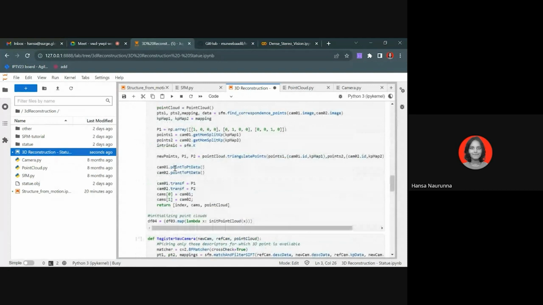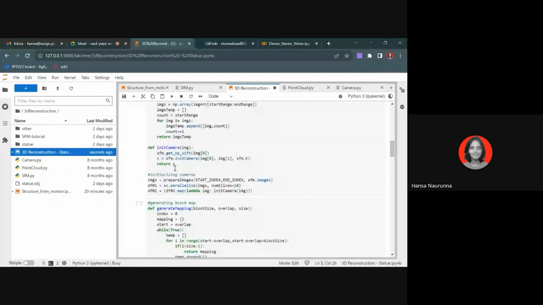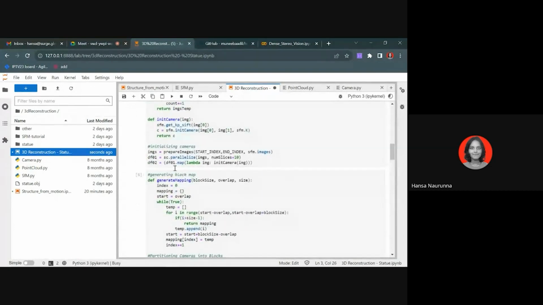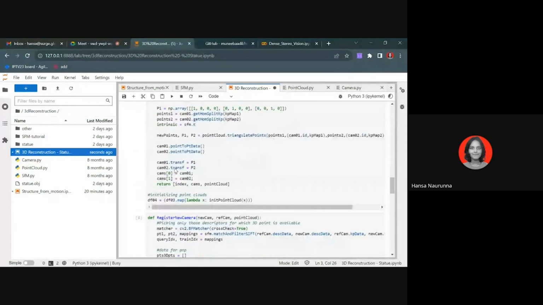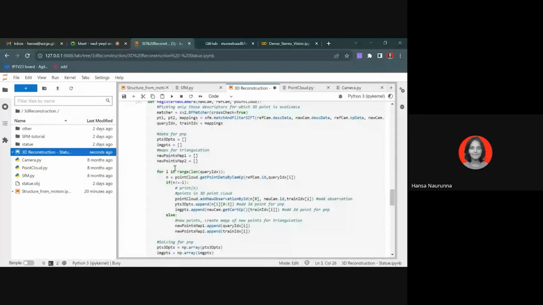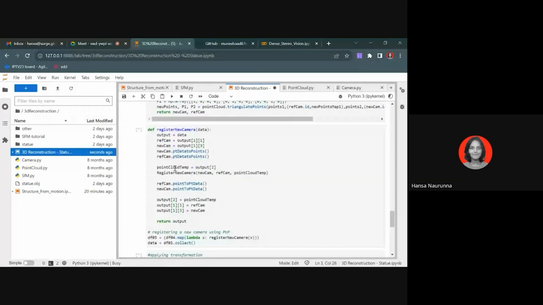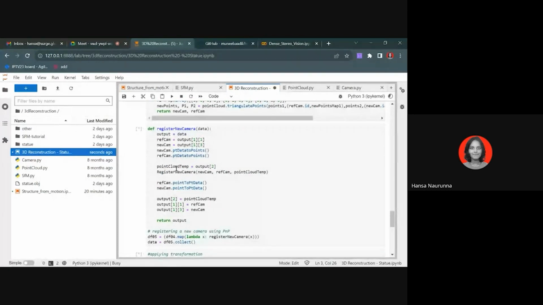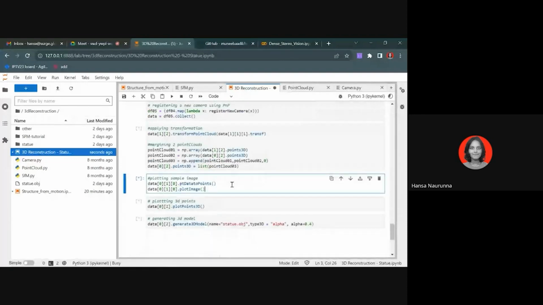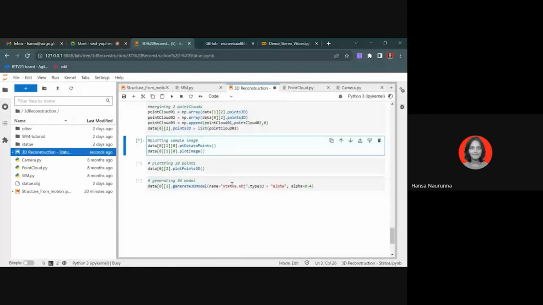Let's give it a run. Actually, might not be the best idea of running this just live. Okay, registering cameras. Meanwhile that is happening, it'll probably run through everything and generate a cool point cloud.